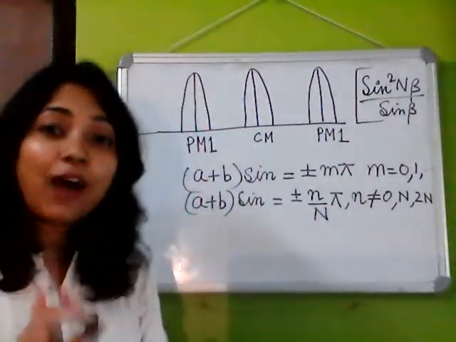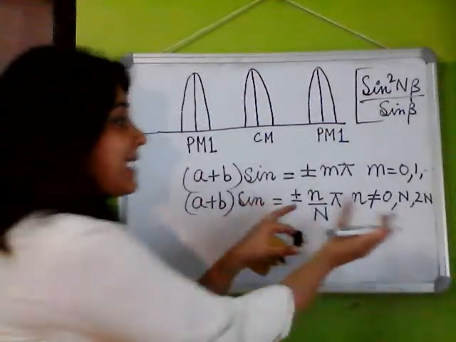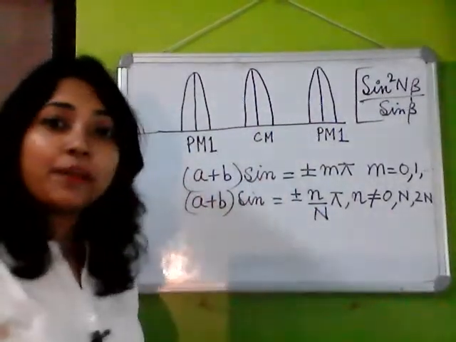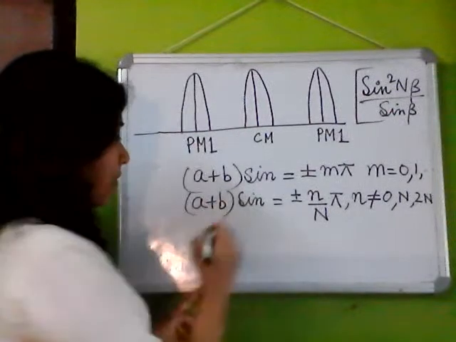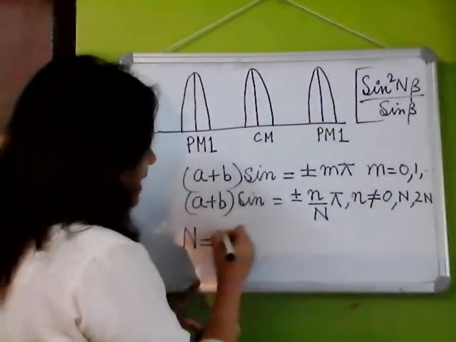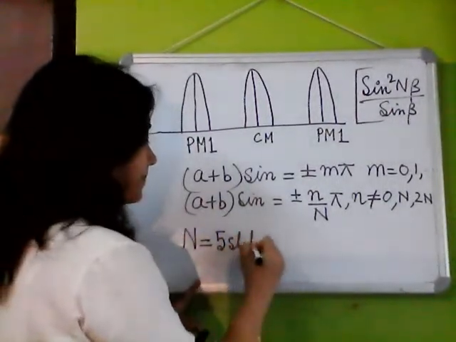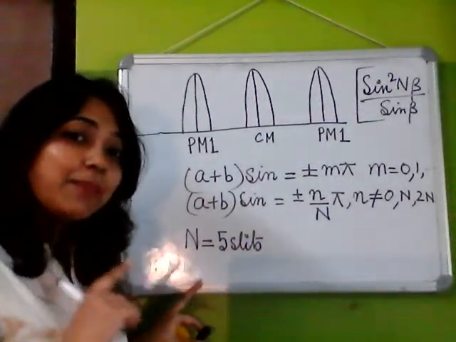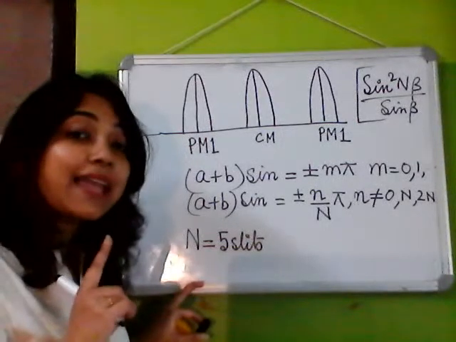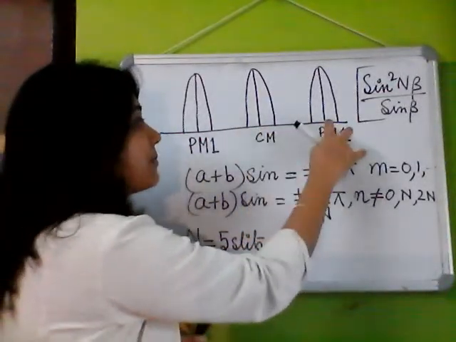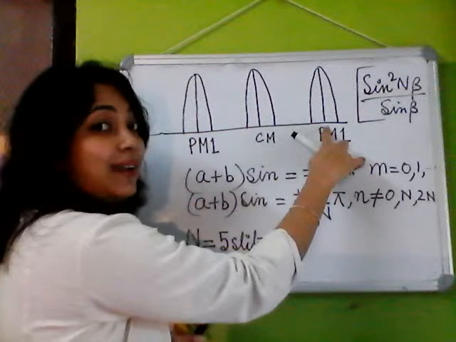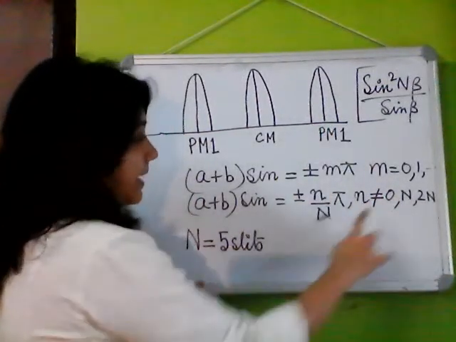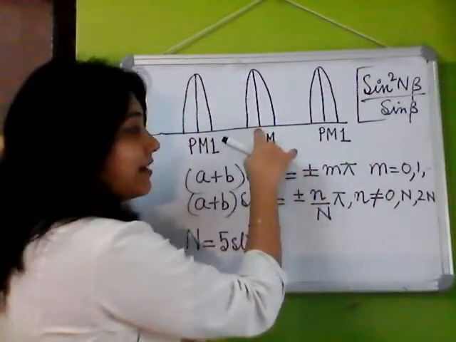From here, we are now trying to translate this information into a pictorial representation. Say now, let us consider the condition for n is equal to 5 slits. Then can you tell me how many minimas will I have between the central maxima and the primary maxima 1? See, n is equal to 0 is the central maxima.